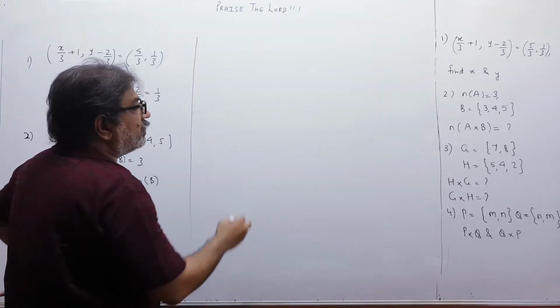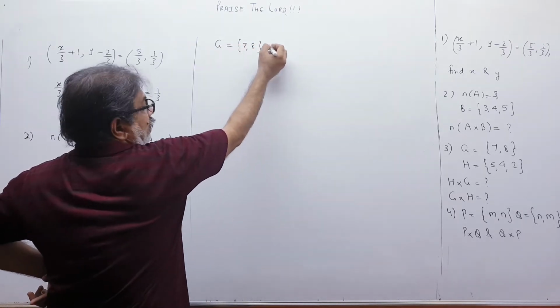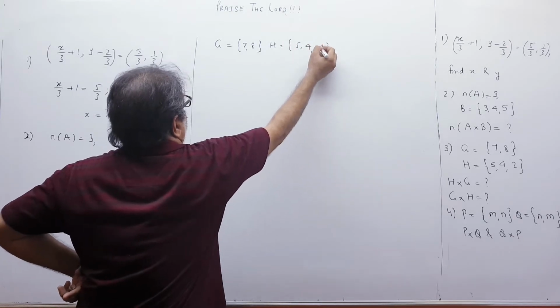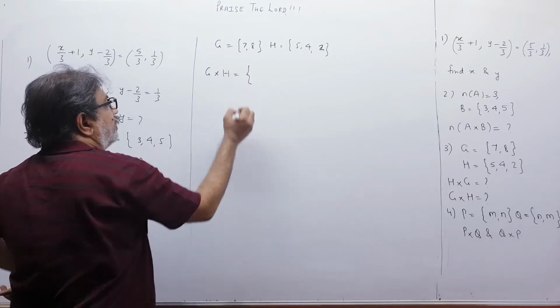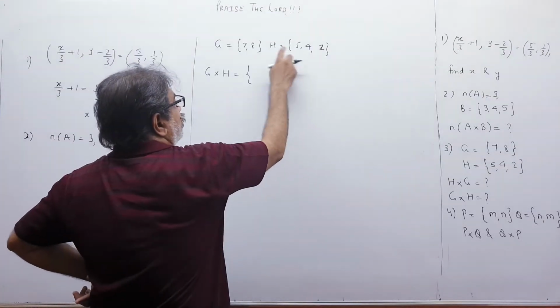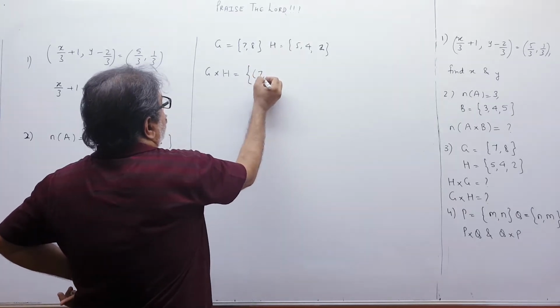Then, G is {7, 8} and H is {5, 4, 2}. So what will be G cross H? First element from G, second element from H. So (7, 5), (7, 4), (7, 2), (8, 5), (8, 4), (8, 2).